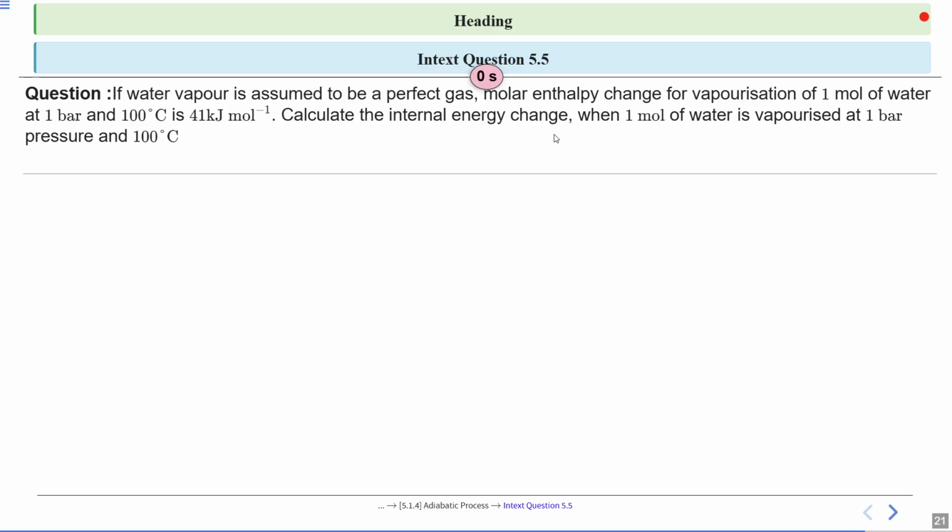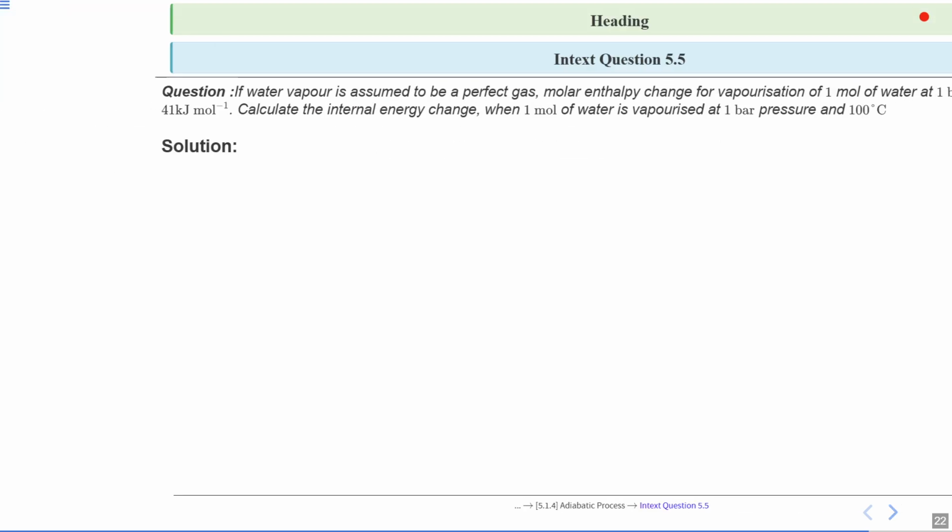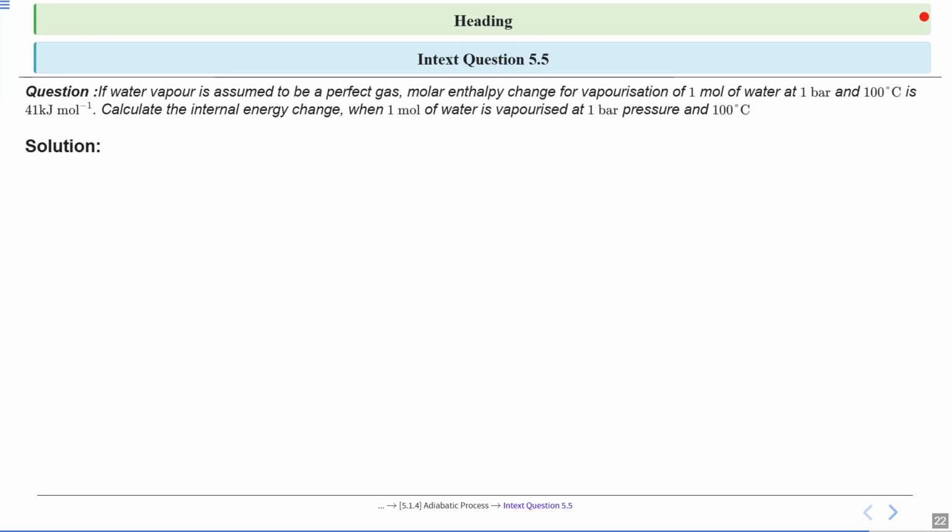Now, in this question, you first have to look at what is happening. Just try to write the situation with the help of simple equations. According to the given question, the enthalpy change for the conversion of 1 mole of water, which is at 1 bar pressure and 100 degrees Celsius, to vapor is 41 kilojoule per mole.